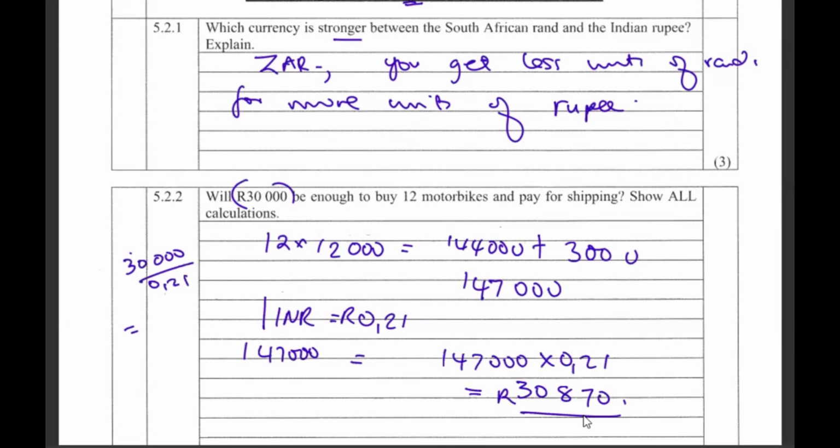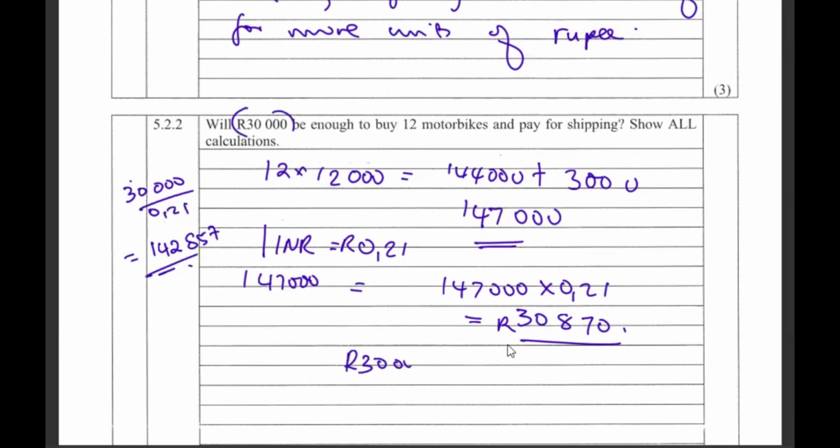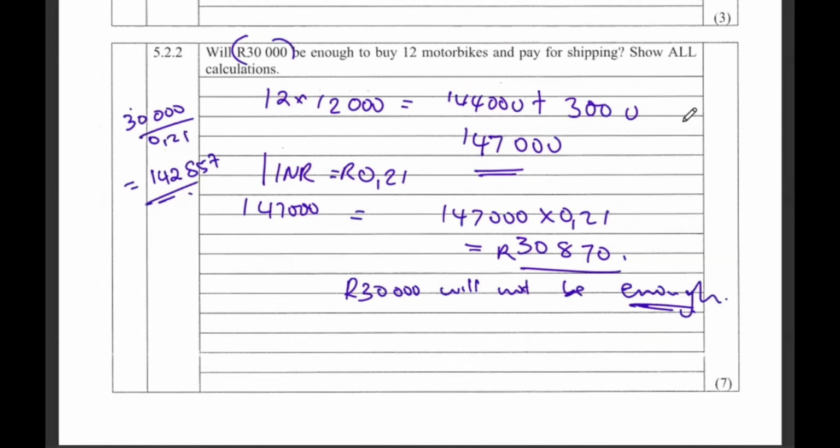That gives us 142,857. Our interest is 147,000. So in this case, the conclusion would be 30,000 will not be enough. All right, guys. So we move on.